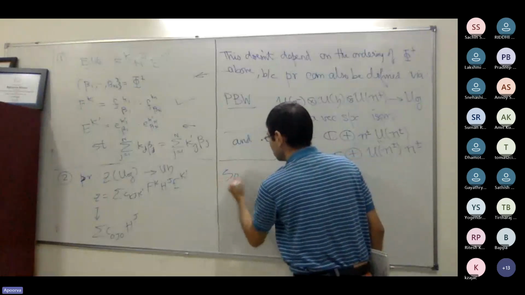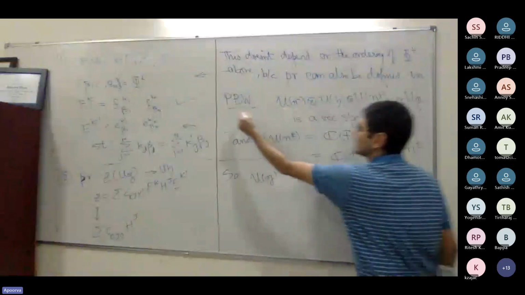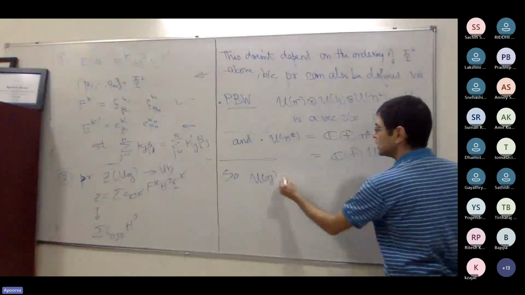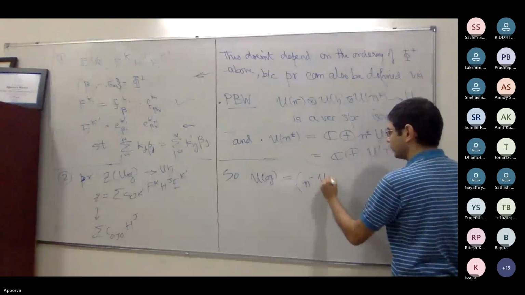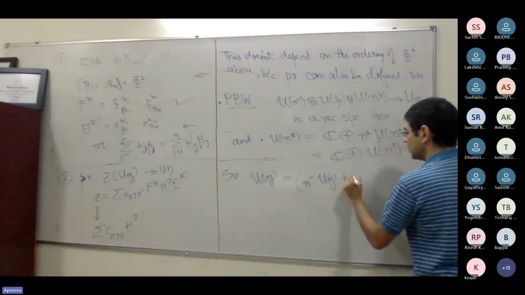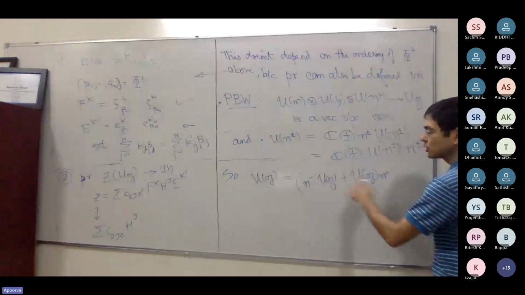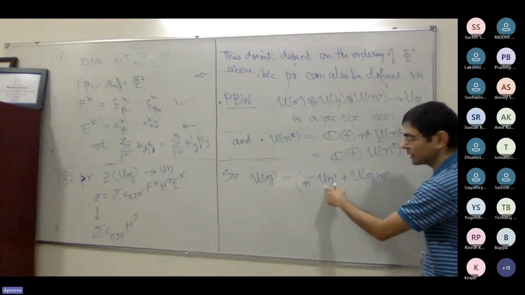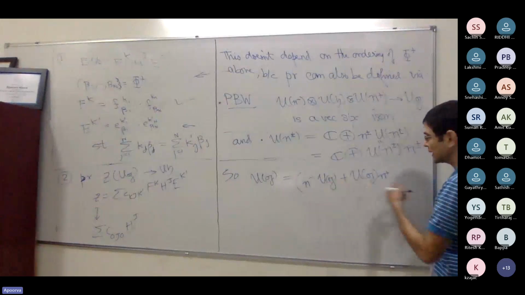Now, this implies that if you look at UG, by the PBW property and these two properties, UG equals n minus UG plus UG n plus. I'm not saying that these two subspaces are disjoint because, of course, n minus times UG times n plus is a common intersection.